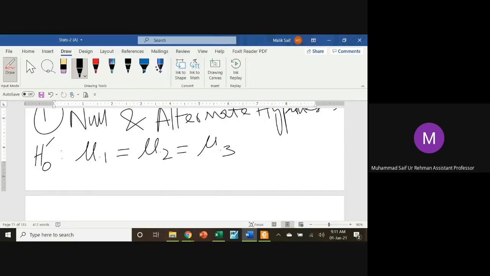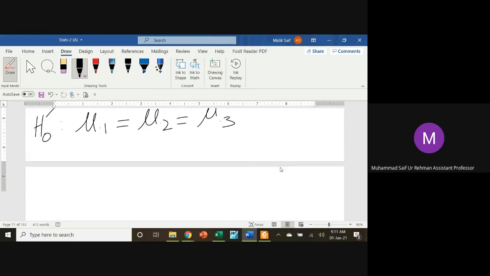We solved another example in the previous class where we saw a PowerPoint slide and I set the hypothesis in this way. H1 bar, this is the alternate hypothesis.